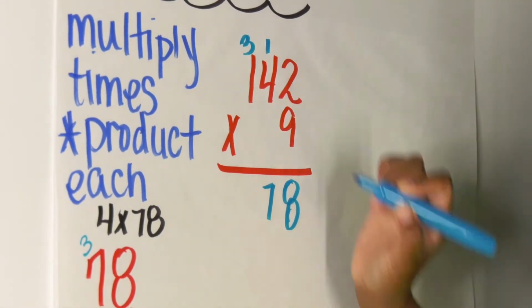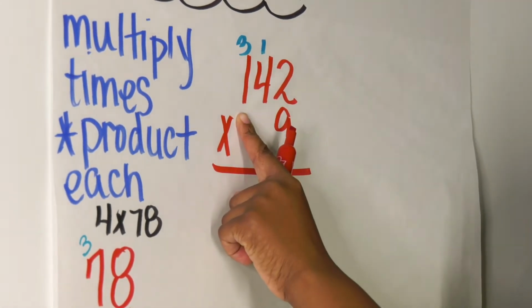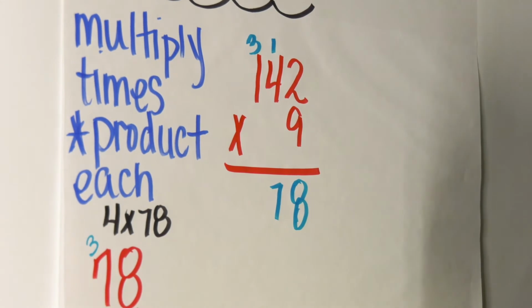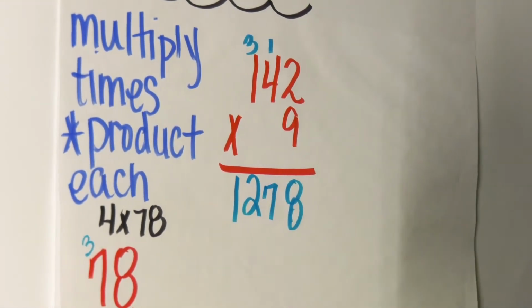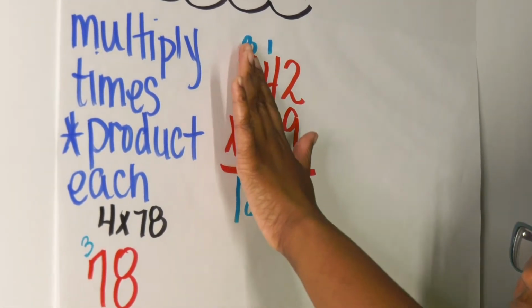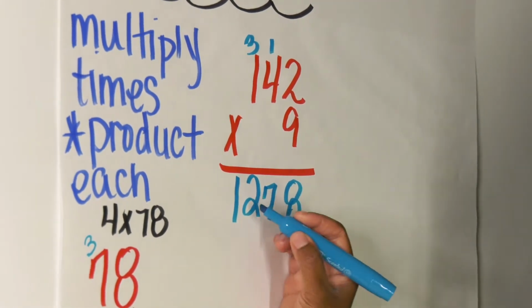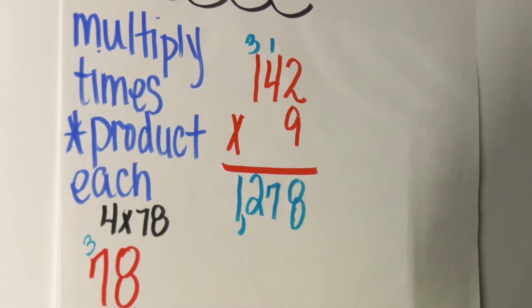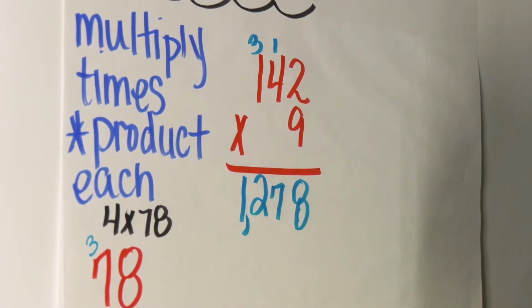Bring your 7 down, carry your 3. 9 times 1 is 9, plus 3 is 12. Bring all of that down because there's no more numbers for us to multiply. So whatever's left over, we bring all of it down. And remember, this is thousands, so we want to put our comma 3 digits over, and then you place your comma.